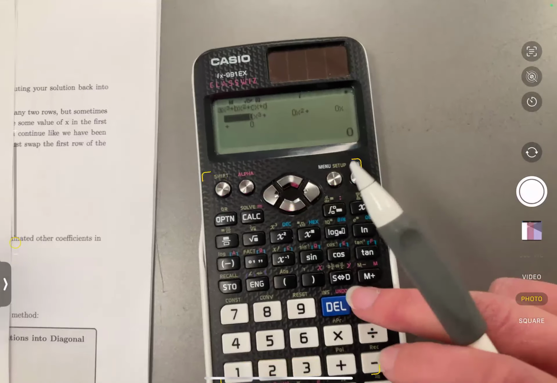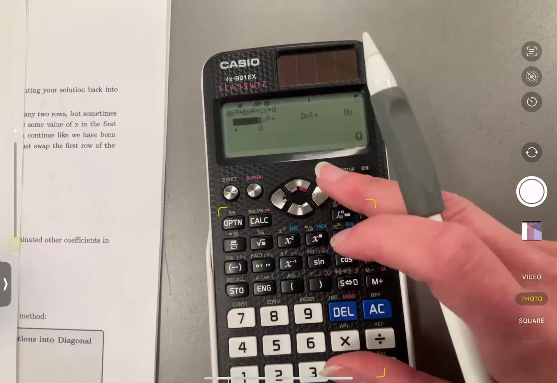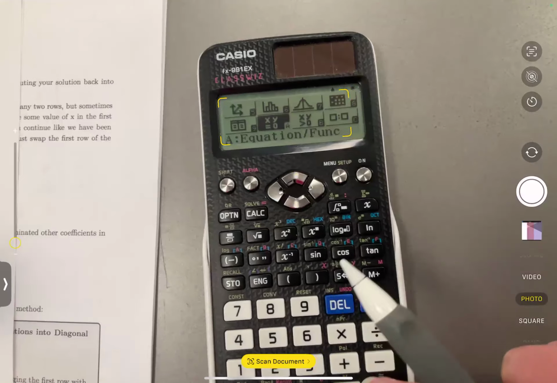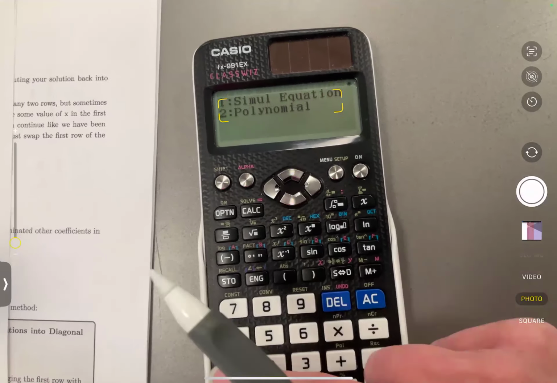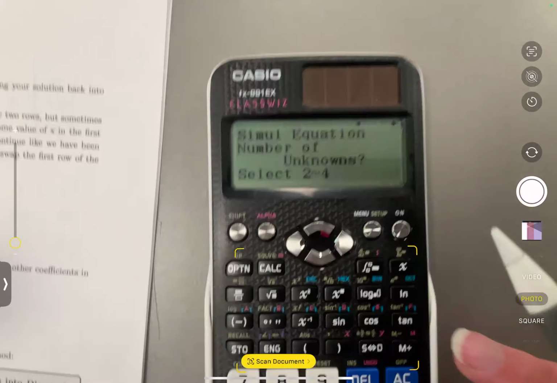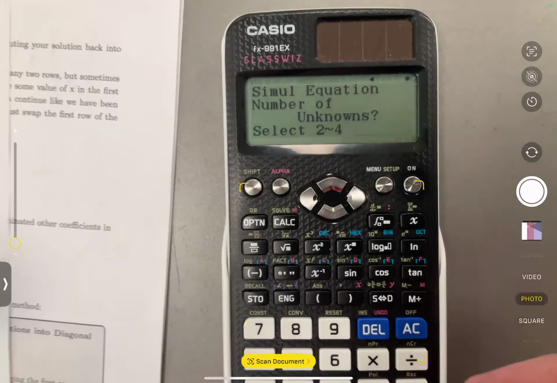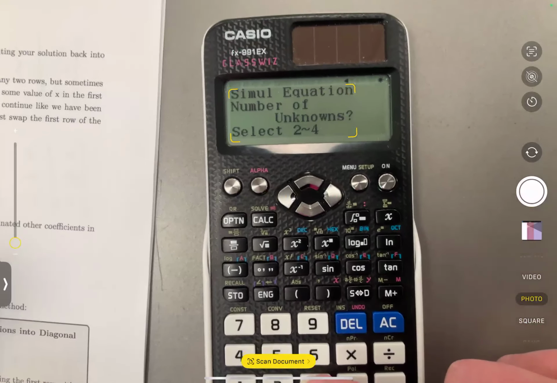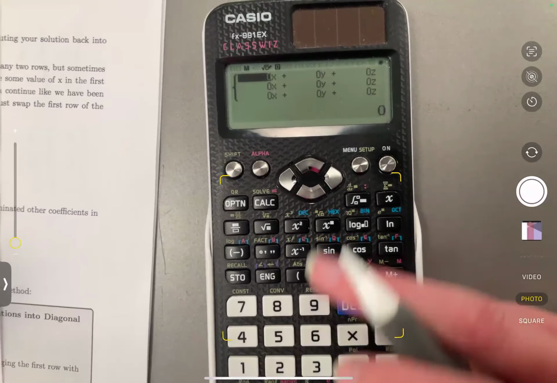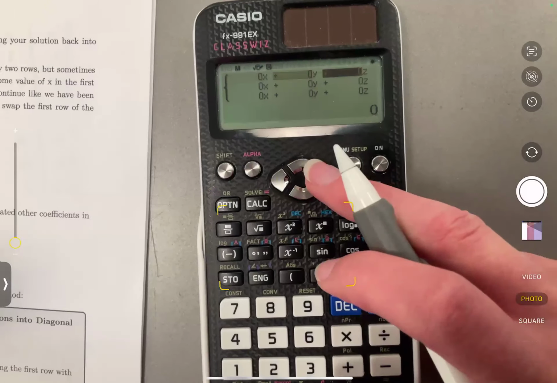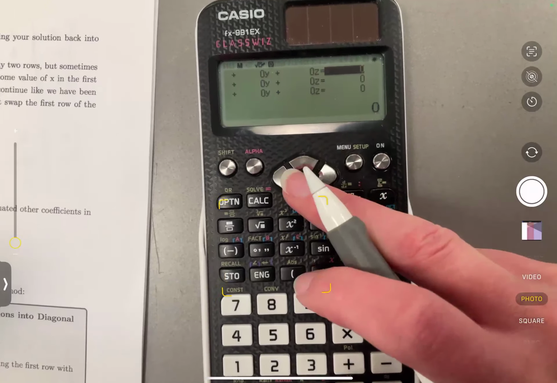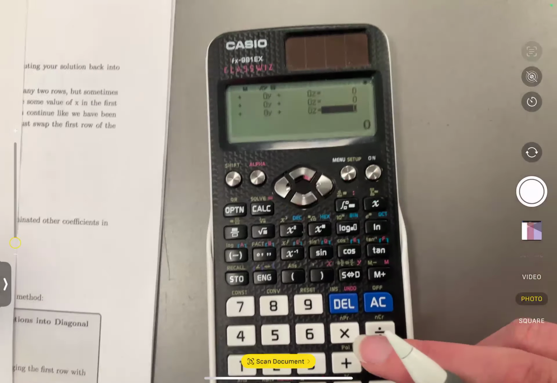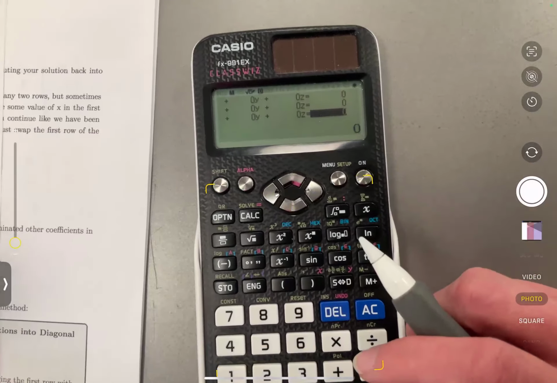Hey, I think I hit something weird. Let me go back there. I did, I hit the polynomial menu. That's okay. Number of unknowns, that looks better. 3. And then you can just fill in these equations, and once it's all filled in, you hit equals and it'll just do it for you.